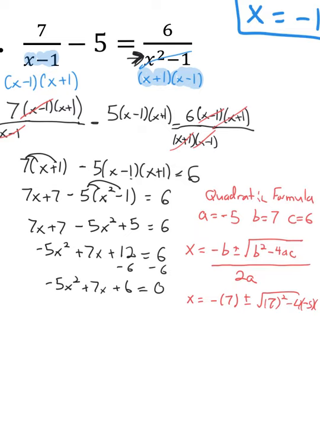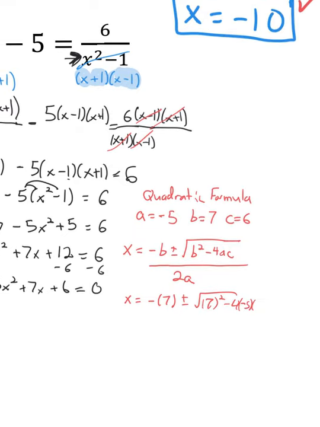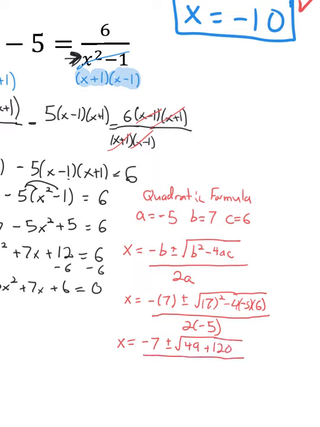C was 6. All over 2 times negative 5. Again, I don't expect you guys to do this by hand. I'm just doing it by hand right now because I don't have a calculator easily accessible. 4 times 5 is 20. 20 times 6 is 120. All right. And I'm just simplifying a little bit at a time so that I make sure I don't make a mistake.